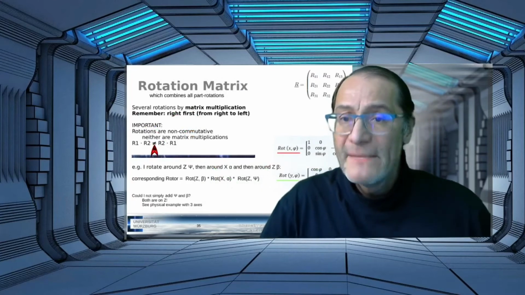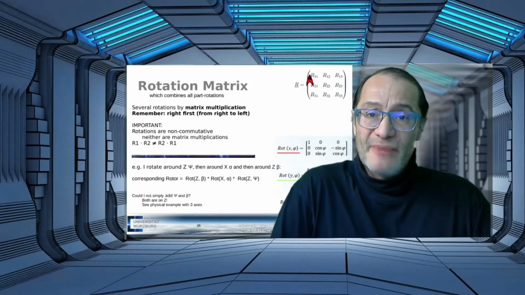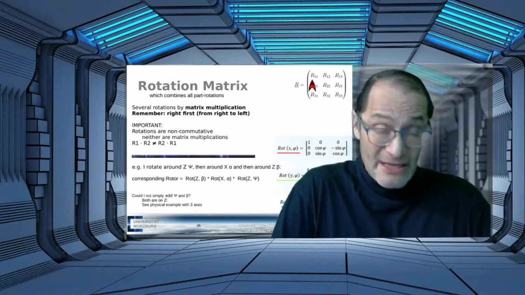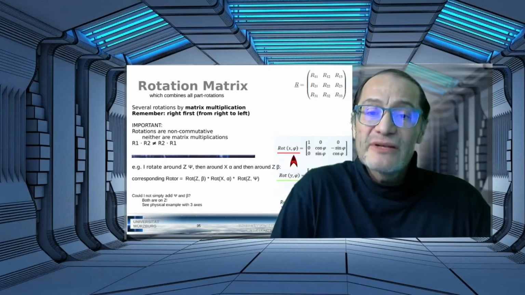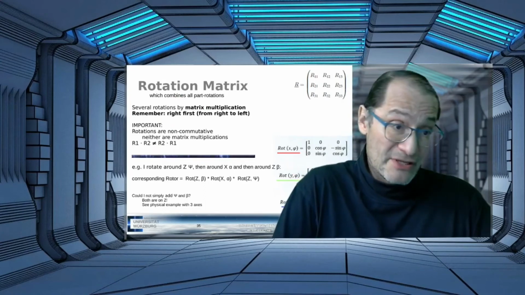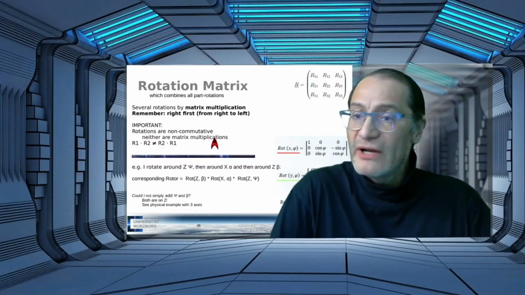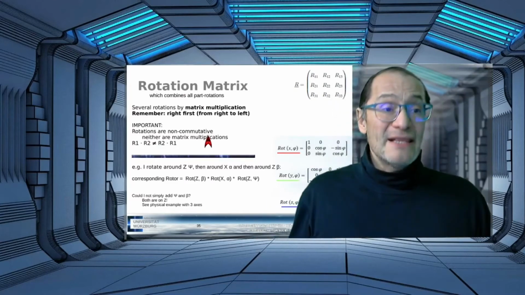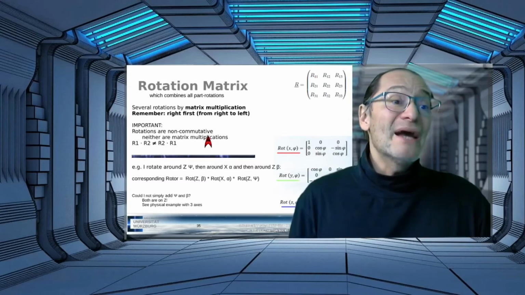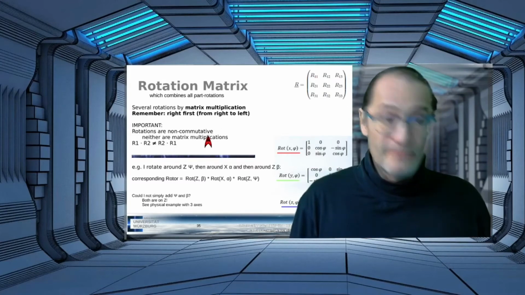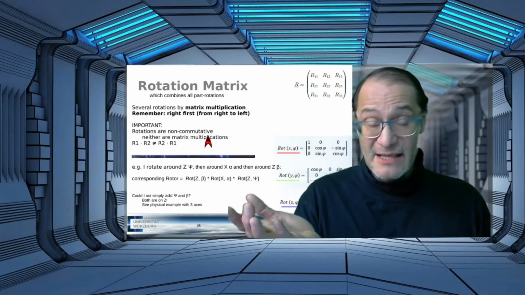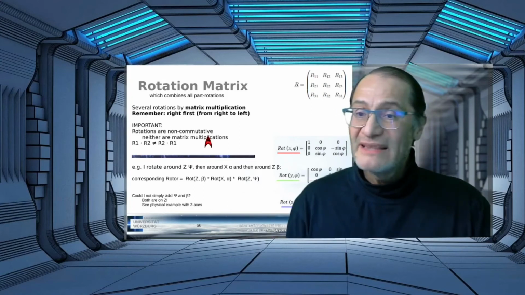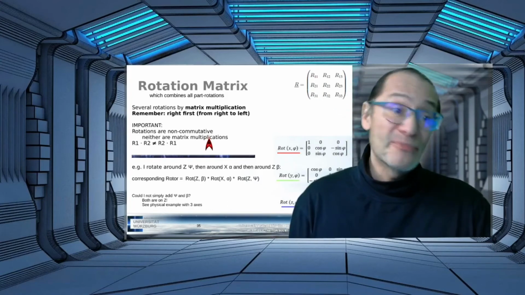Okay, we have our rotation matrix. This will be my new rotation matrix. And just to remember, these are the three rotors I explained before. Something important: when we create a concatenation of rotations by multiplications of rotors, which are matrix multiplications in this case, something very important is that they are not commutative, like matrix multiplication.